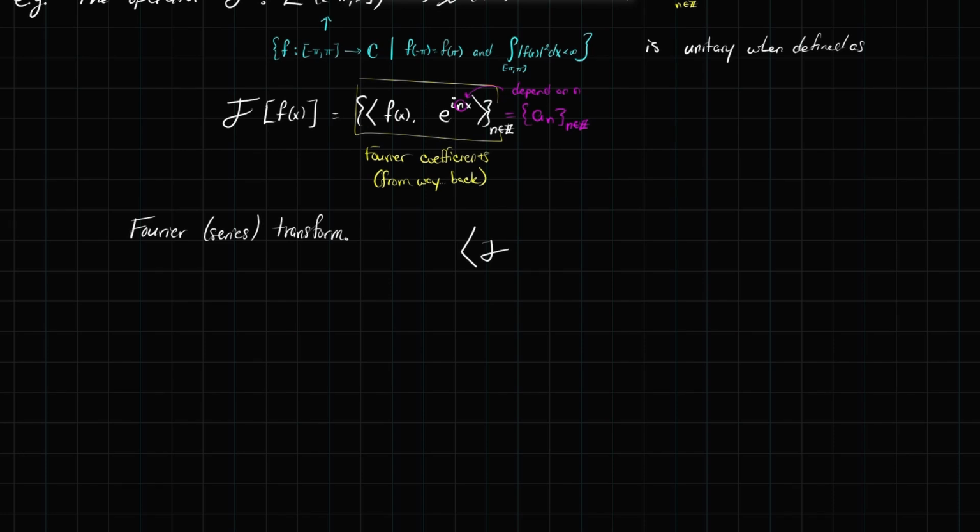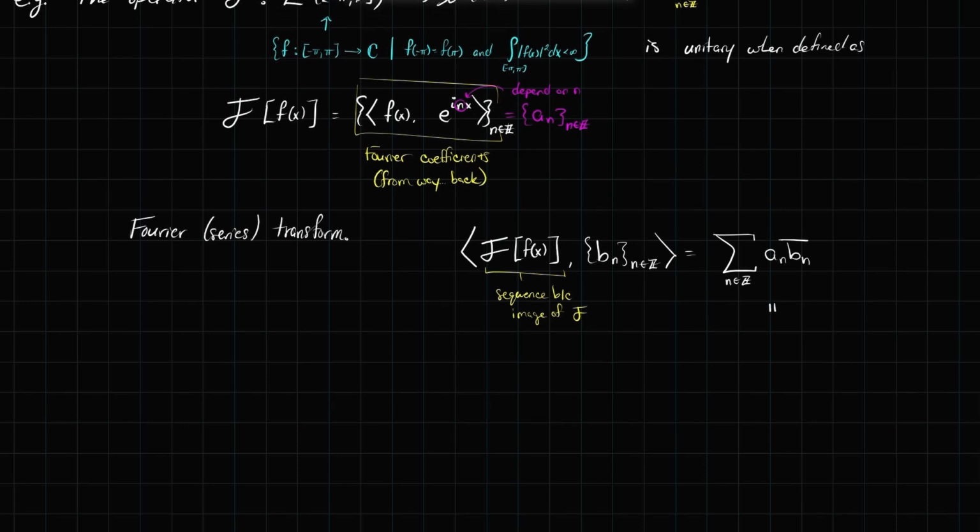So if you take the inner product of the Fourier transform of f of x, this is really a sequence, against another sequence, b sub n, n in Z. This is a sequence because it's the image of this script F. That, of course, is defined as this infinite sum over the integers a sub n, b sub n, with a conjugate.